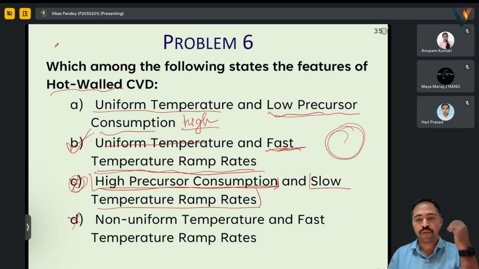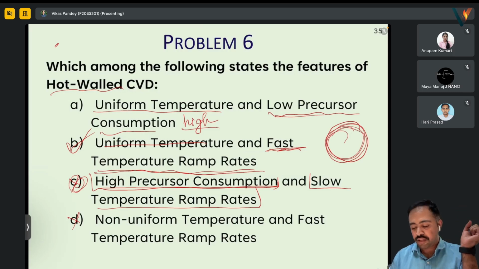That is not very easy in case of hot walled CVD. Whereas if we have a wafer which is singly heated, we can easily ramp the temperature high and low compared to hot walled CVD. But along with this, it has uniform temperature.